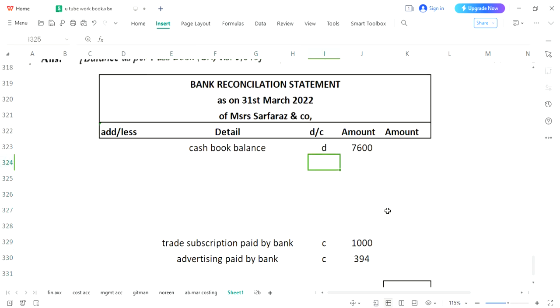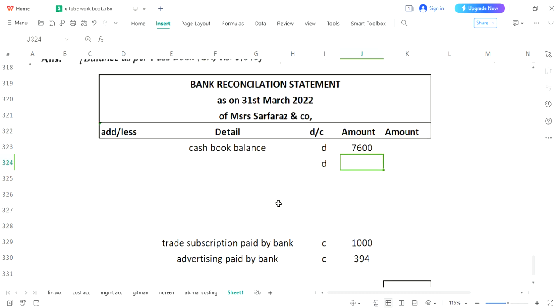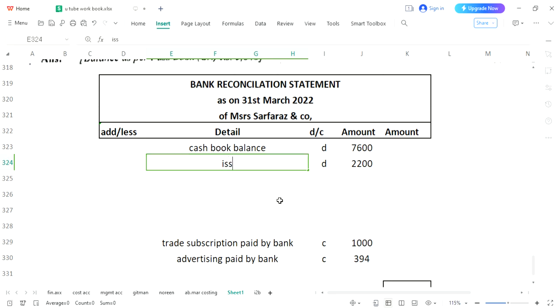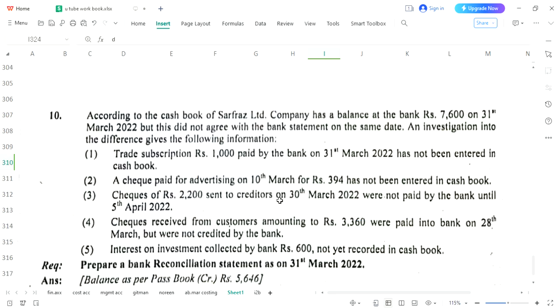We will go to the debit line, and the amount is check issued to creditors 2200. We will be posting over here. Please note, issued but not paid. No matter what the sense is, if a check issued is not being paid, not cashed, you are going to debit it. Alright, now the third point we have solved.